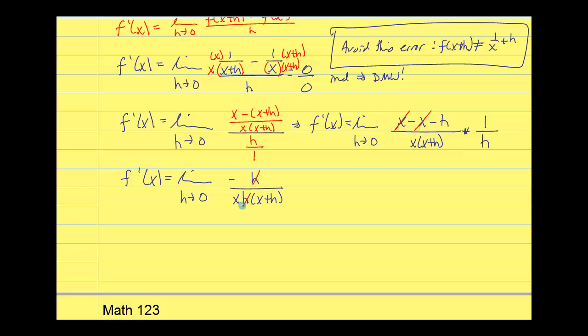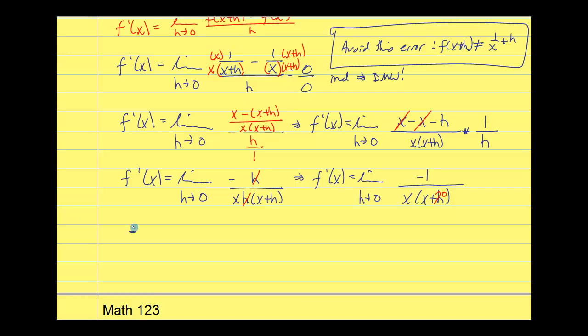Now the h's cancel, and again that's what I want to have happen, because that h in the denominator is what's causing the trouble. And I'm left with a negative 1. Don't forget there's a negative 1 here. X times the quantity x plus h. Now if you wanted to, you could distribute the x, but there's really no reason to. We want to take the limit now as h goes to 0, and just this one piece goes to 0.